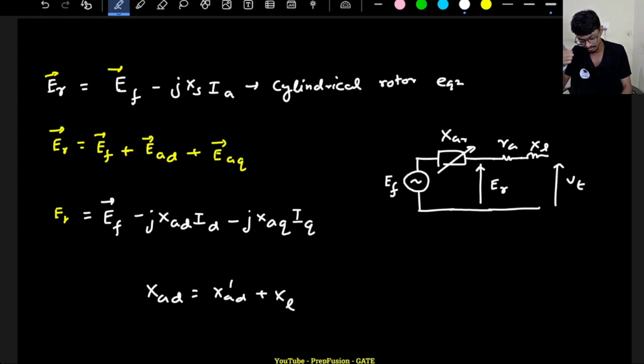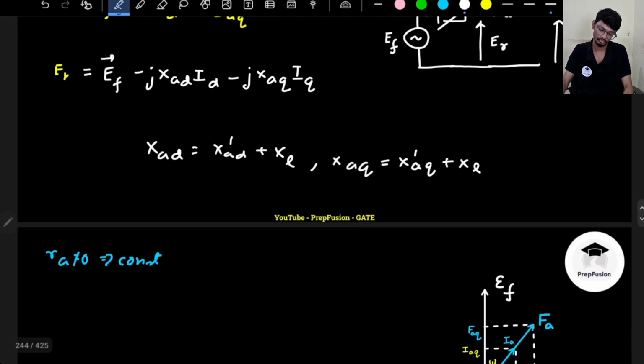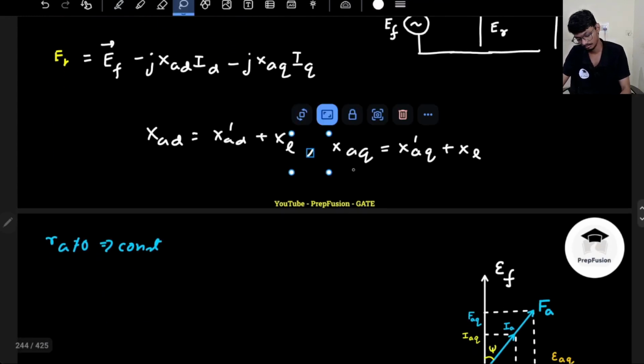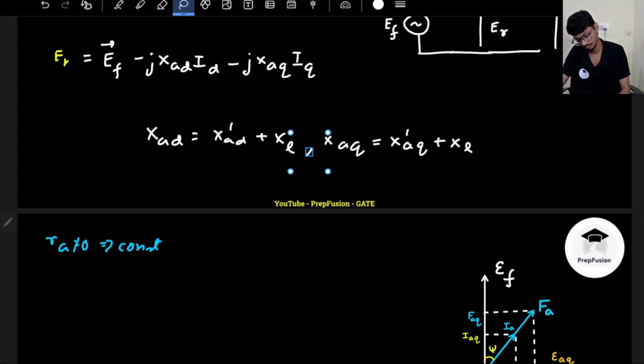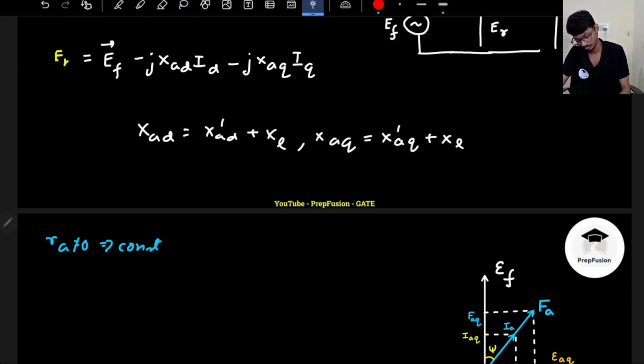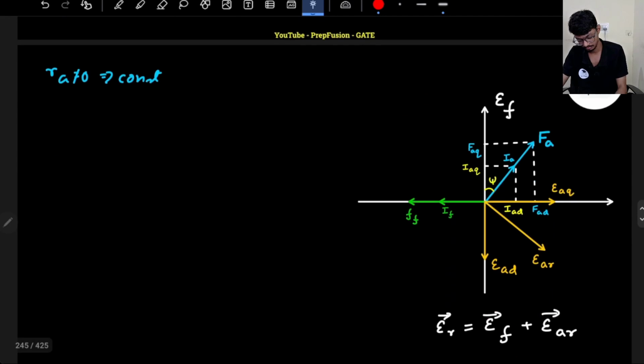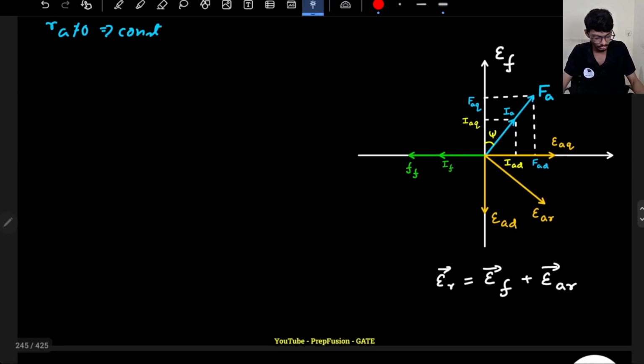So leakage reactance will be constant throughout, and your XAQ also will be a combination of the quadrature reactance XAQ dash plus XL. Okay.